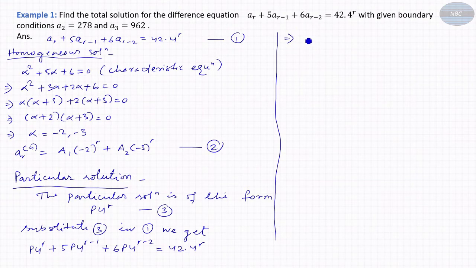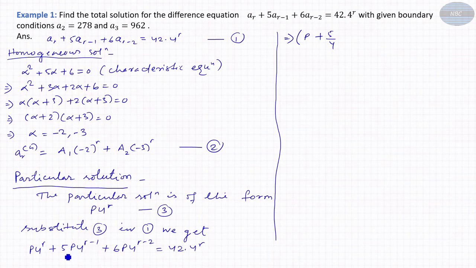This implies we'll get, let us take 4 to the power r common here, so this will be P plus 5 by 4. So 4 to the power r minus 1 is equal to 4 to the power r divided by 4.